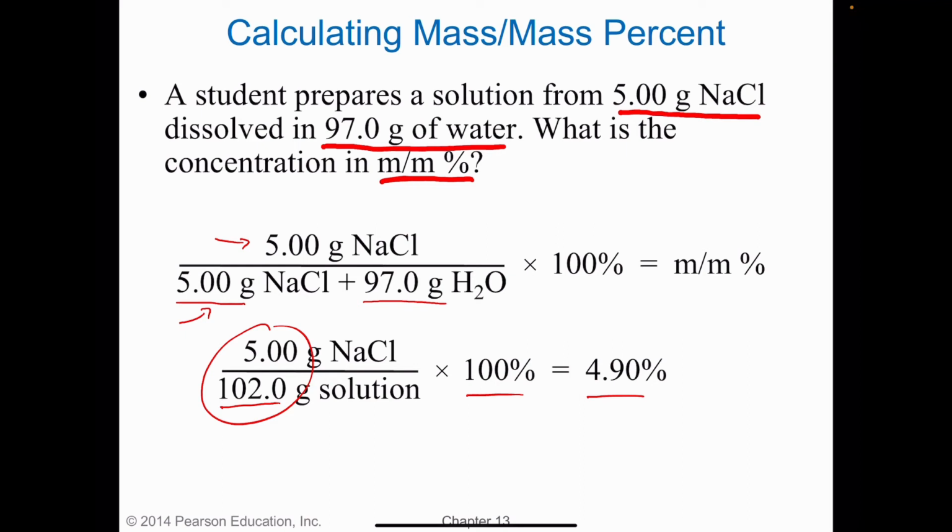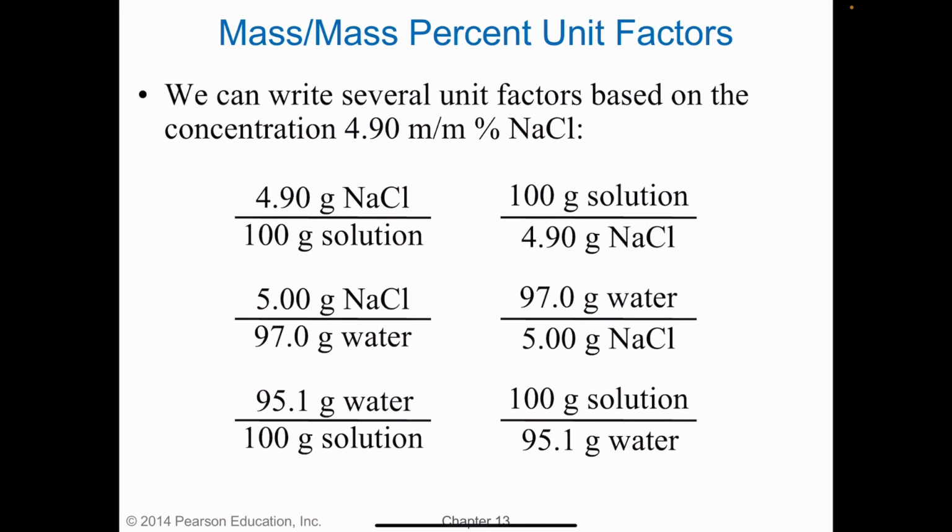So now that we have this 4.9%, we can use this in multiple ways as a conversion factor. If we had to calculate how much salt was in 1 liter of this solution, or how much water we would need to add, any type of question like that, we could express this 4.9 mass percent in multiple different ways. So here it's 4.9 grams over 100 grams of solution, or flipping that upside down, or we could express it in terms of water.